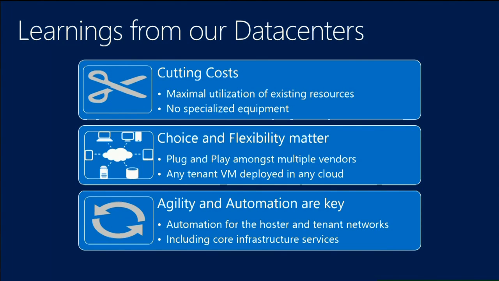And finally, agility and automation are key. The idea here is that you want to move away, especially at scale, from managing your network at, let's call it, a per device, per port level. You want to have higher level constructs that you can control the network based off of.